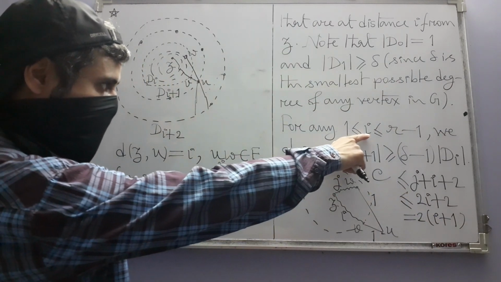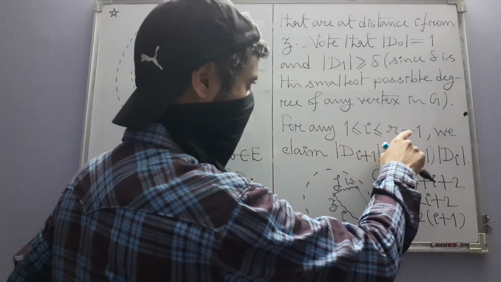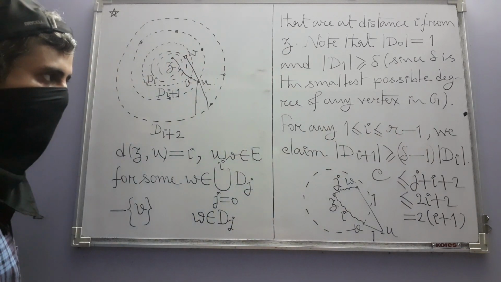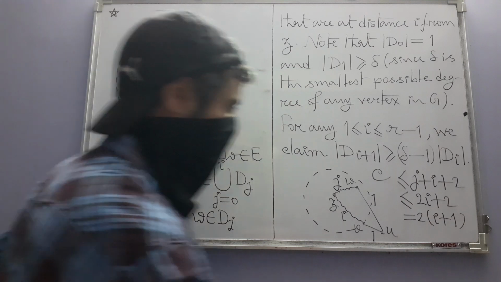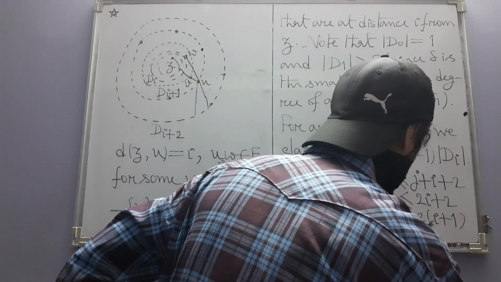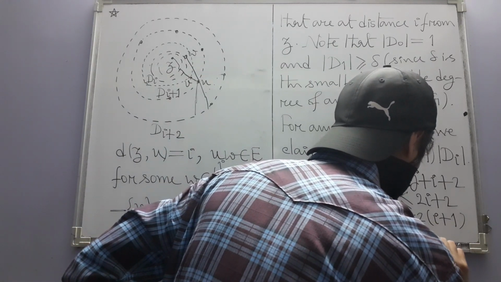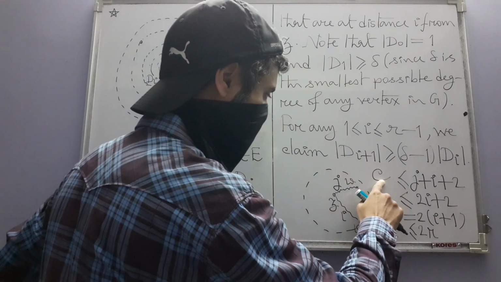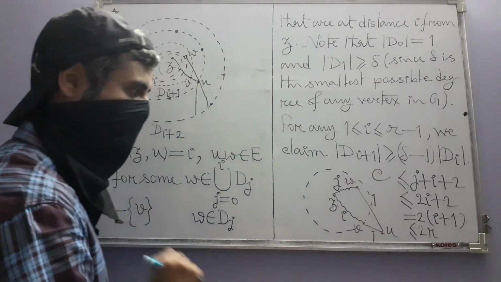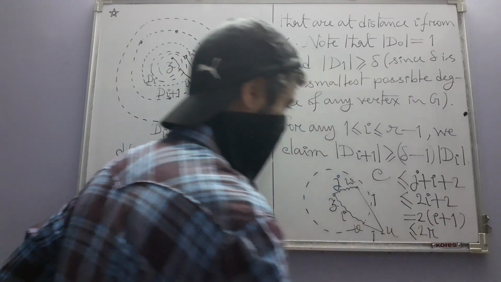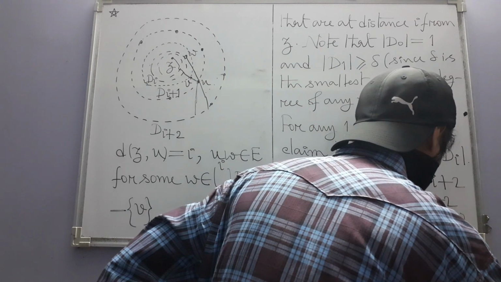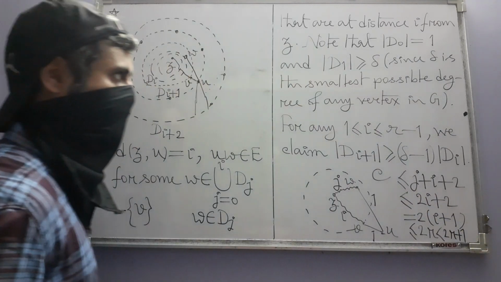But now you see the range of i. i plus 1 is less than or equal to what? R. So this is less than or equal to 2R. So the length of your cycle, whatever you are getting from this situation, is less than or equal to 2R, which is strictly less than 2R plus 1.